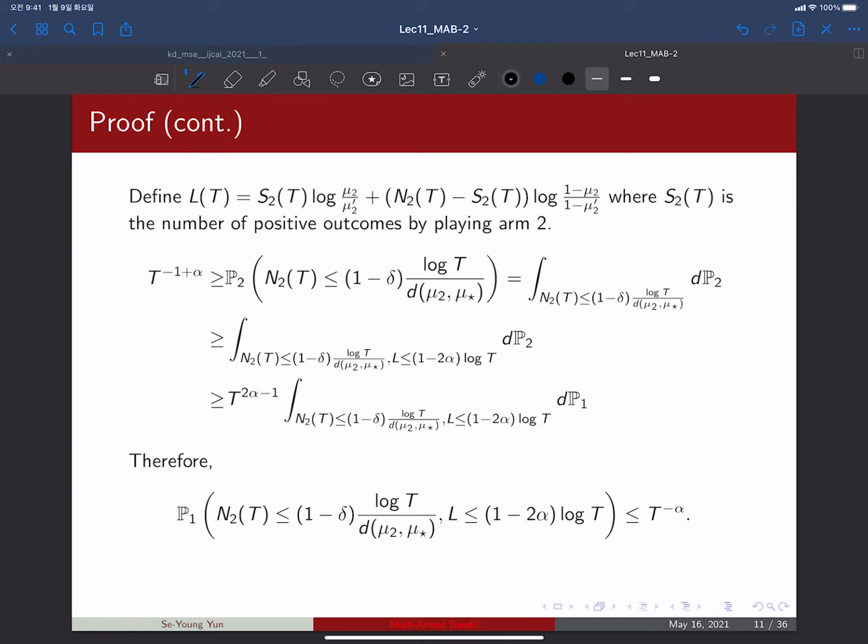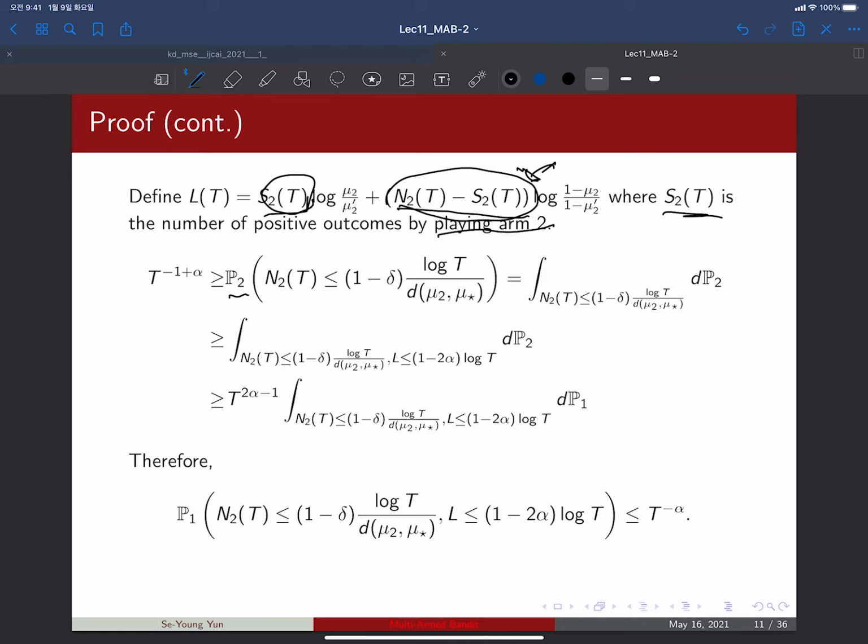Let's define L_T equal to S_T log(mu2 over mu2 prime) plus (n_T minus S_T) log((1 minus mu2) over (1 minus mu2 prime)), where S_T is the number of positive outcomes from playing arm 2. So this is the number of successes and this is the number of fails, or the number of zero outcomes, when you play the second arm.